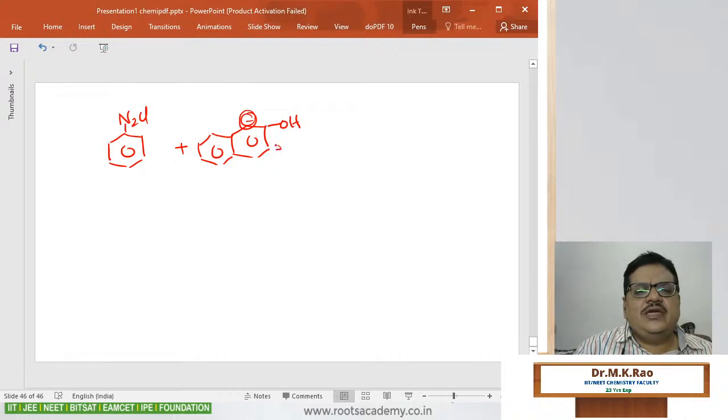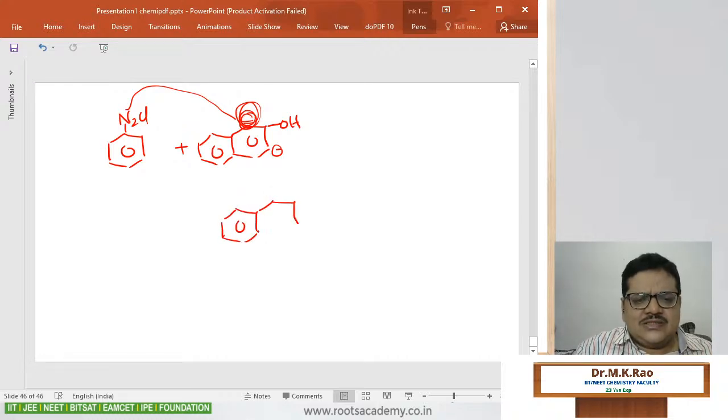Here also negative, but here more. So diazo coupling takes place this side, and it forms the coupling product like this: N double bond N, another benzene ring, single bond, OH.